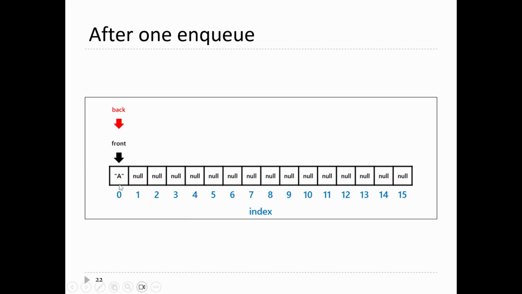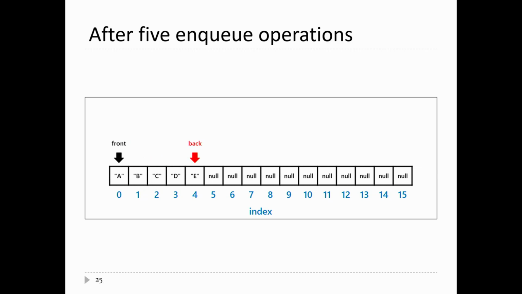When we enqueue an element, we add 1 to back, so now its value is 0, and insert the element at index 0. Insert a B, so add 1 to back, insert the element at the back index, and so on until we have 5 elements in the queue. So to enqueue, add 1 to back, set the element at back.